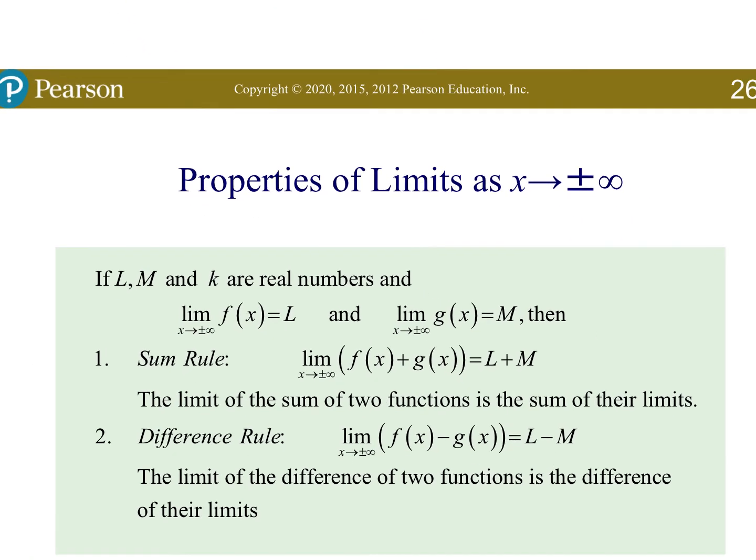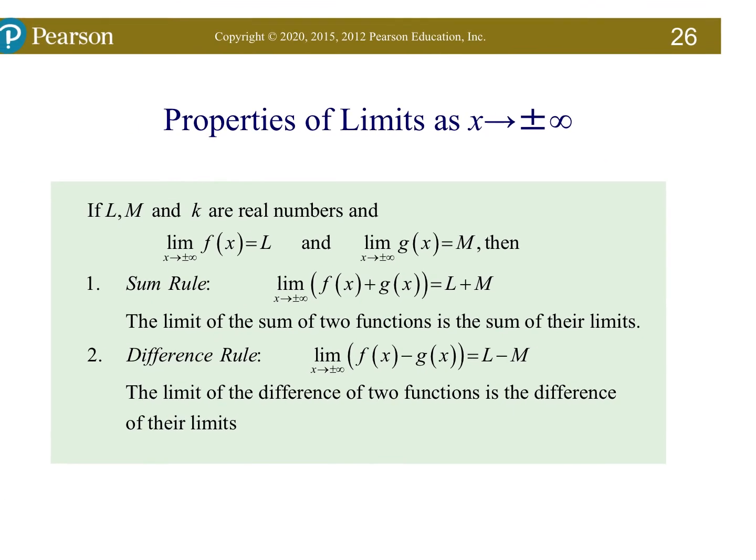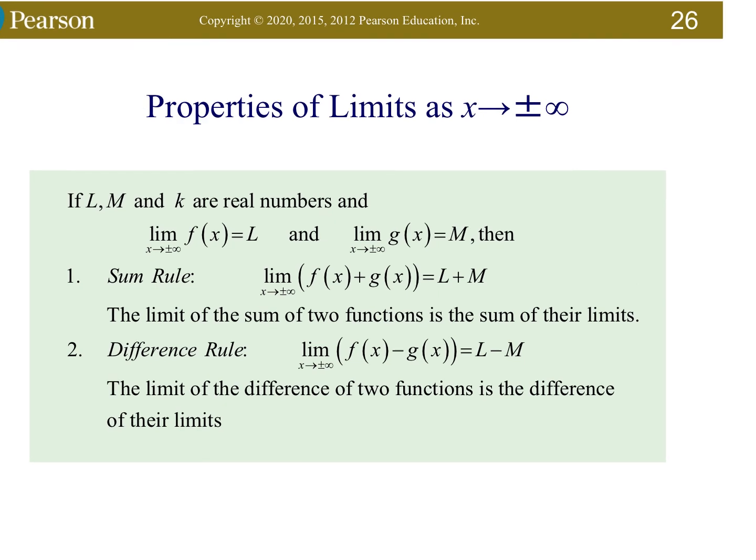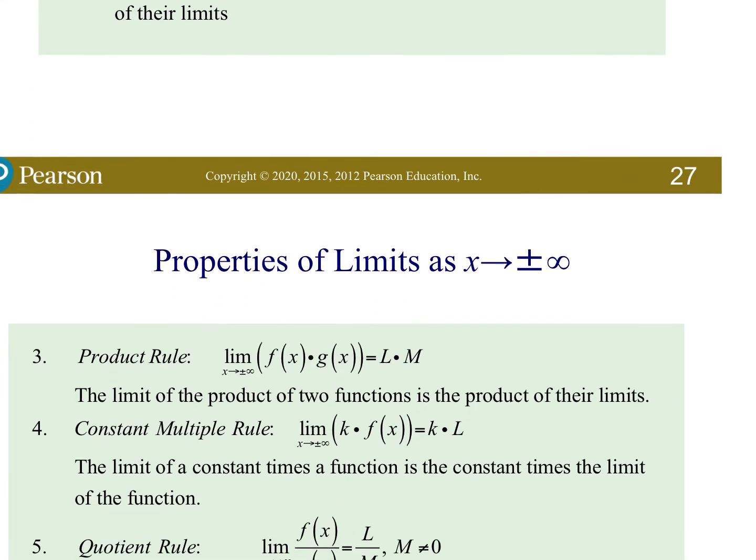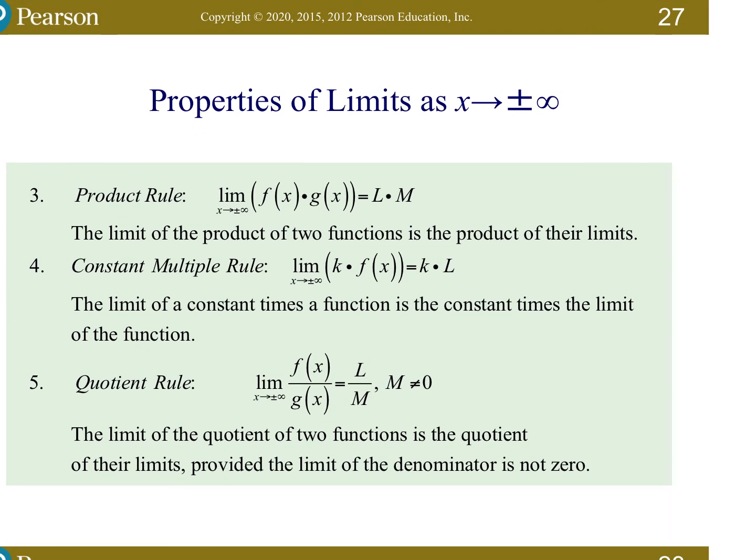All right, so this is just some summary rules about the things that you are and aren't allowed. You can add limits together. You can subtract limits. Those are legal things to do. You can multiply limits together. You can pull a constant in front of a limit. If you have a constant here, you can pull it out to the front of your limit.